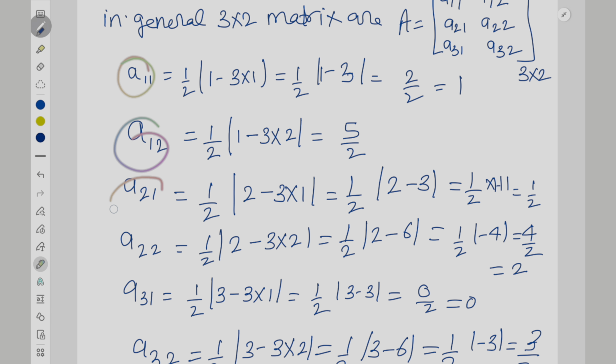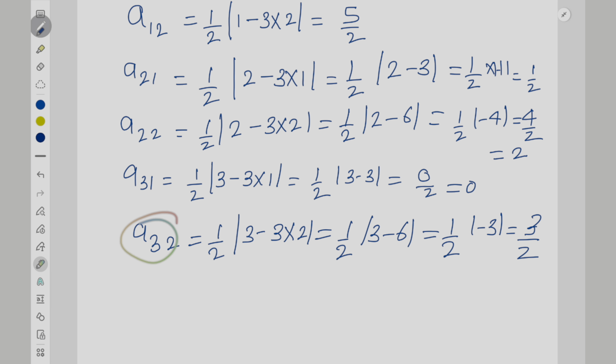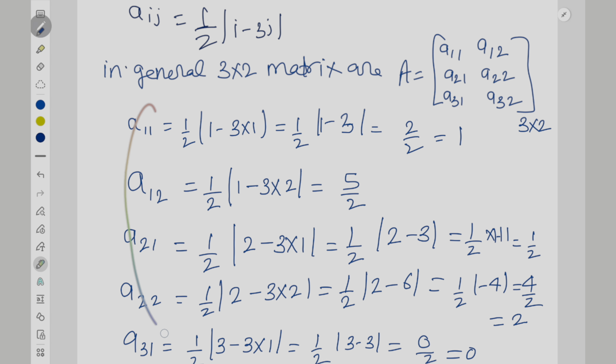These are all the values of A11, A12, A21, A22, A31, A32, and we will make the required matrix. Put all these values in the matrix.